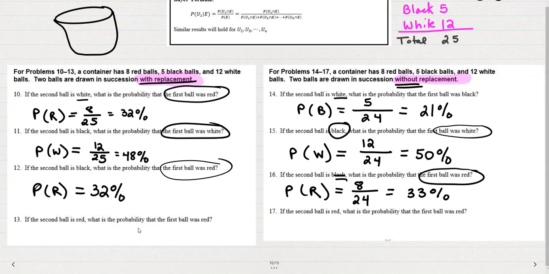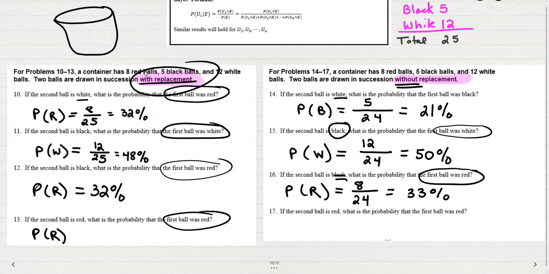And then the last example here. The second ball is red. What's the probability the first one was red? Again, since we replaced it, those two draws have no effect on each other. So it's still just the 32%, the 8 out of 25. But if we didn't replace it, this gets a little bit trickier.